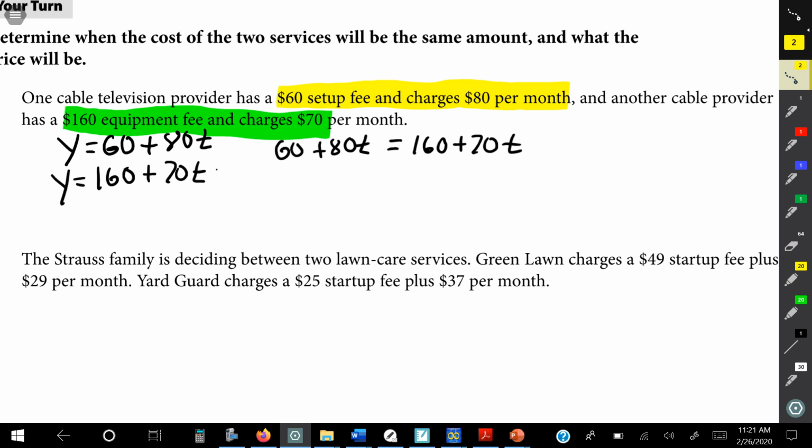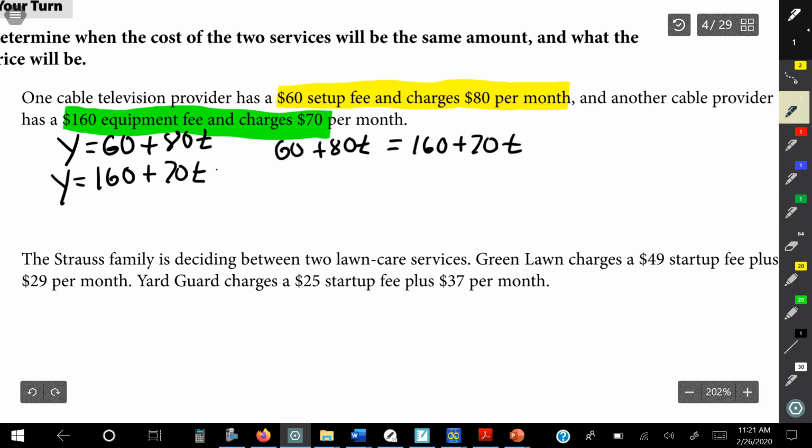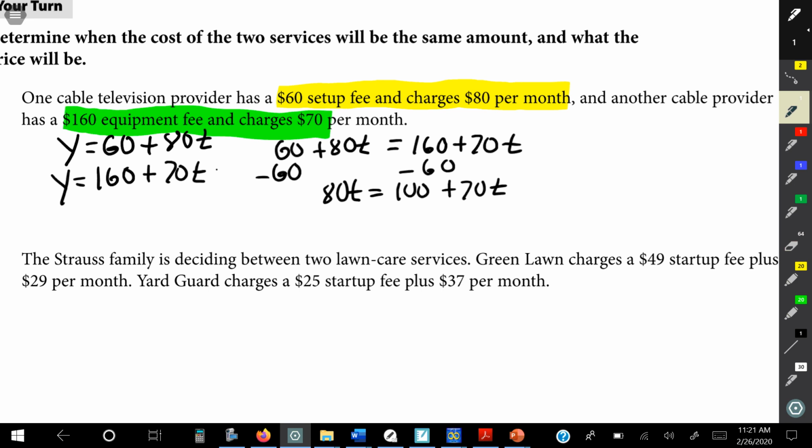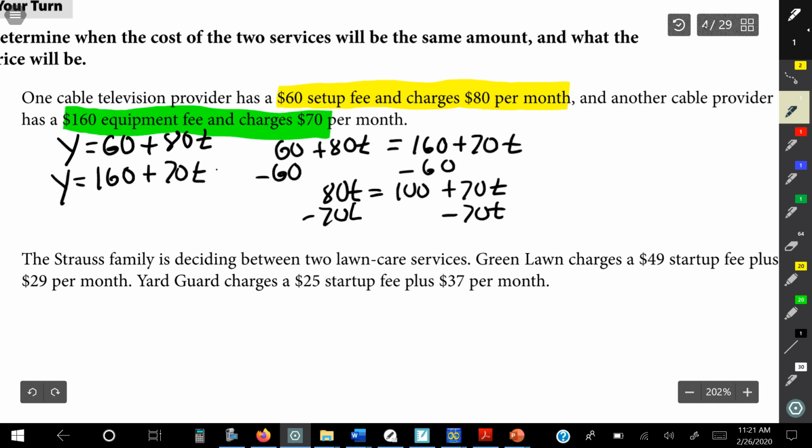So I'm just going to go ahead and solve. I'm going to subtract 60 on both sides. That's going to give me 80t is equal to 100 plus 70t. Now I'm going to subtract 70 on both sides, and I get 10t is equal to 100.